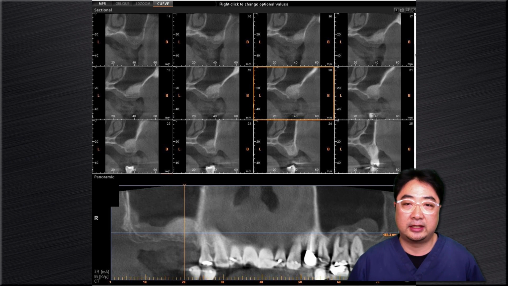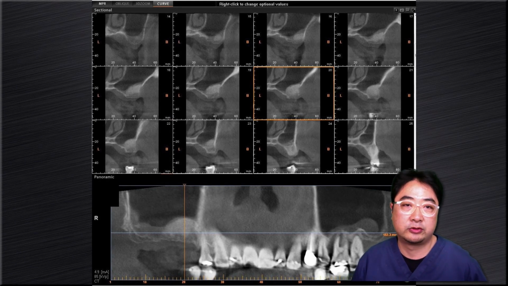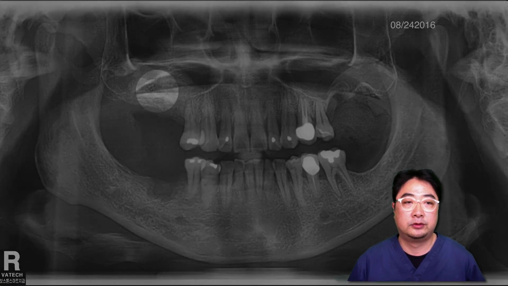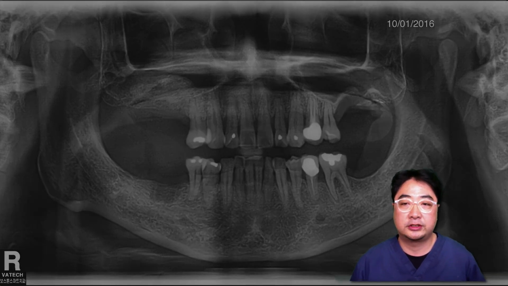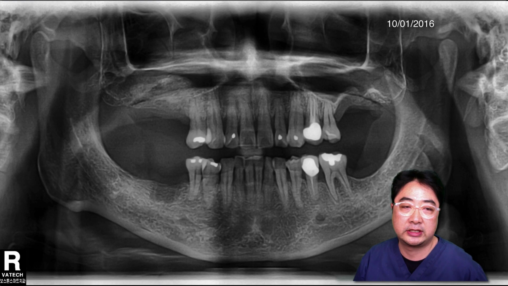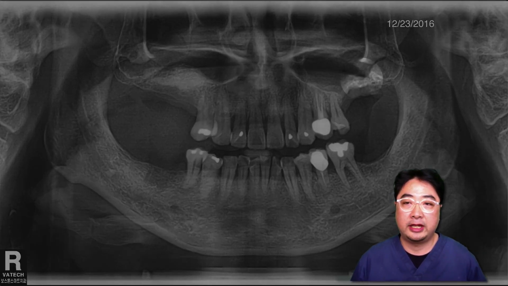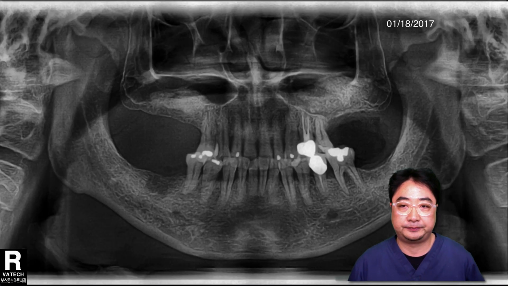From the CT scan after the sinus graft, you can see the bone is filled under the sinus membrane with a perforation. About a month later, you see the graft looks like this. And 2 months later, after extraction of number 26 and number 27, and a few months later, before the sinus graft of the left side.